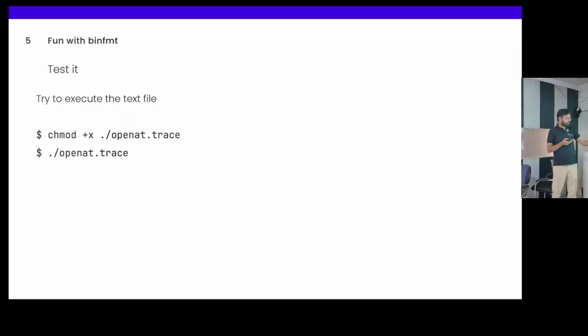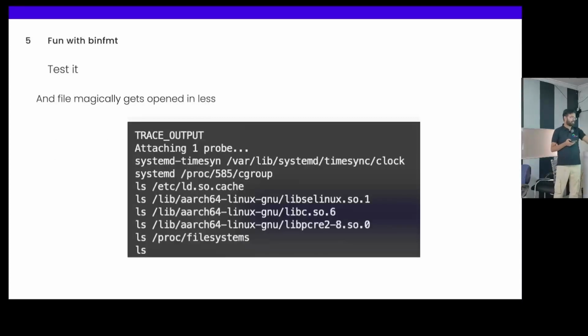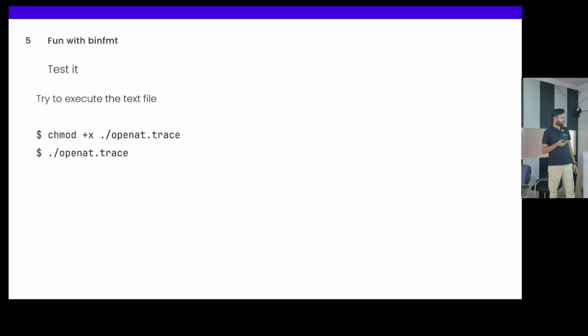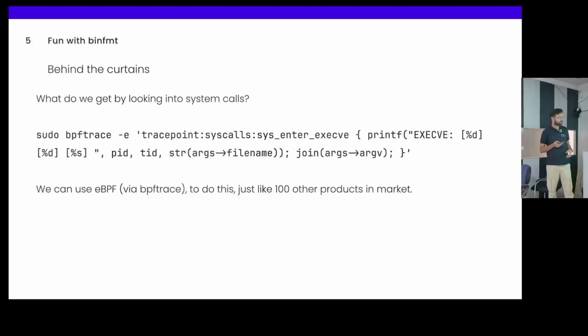So, if by doing this I am able to start less, I can start pretty much any other executable. And in monitoring, you will see this particular path. Mission accomplished for most part.